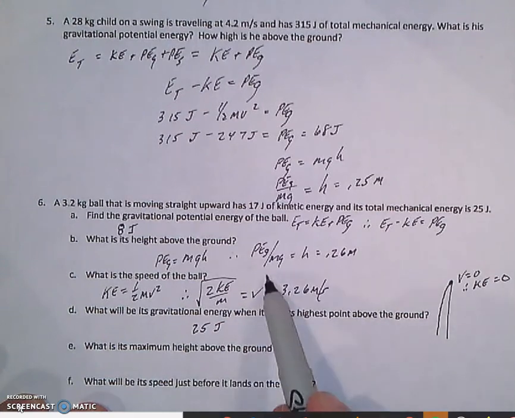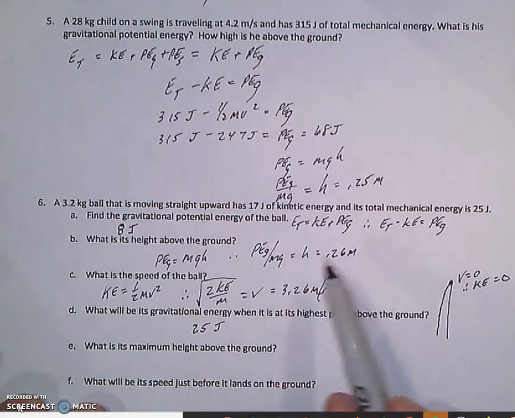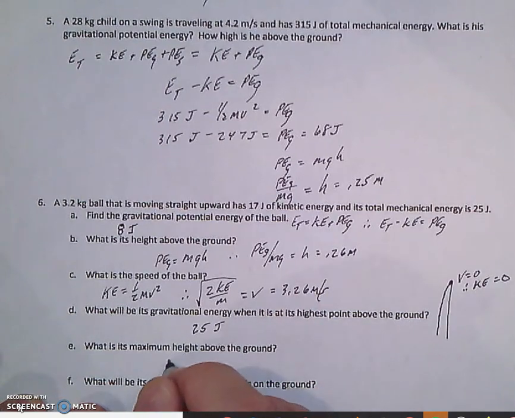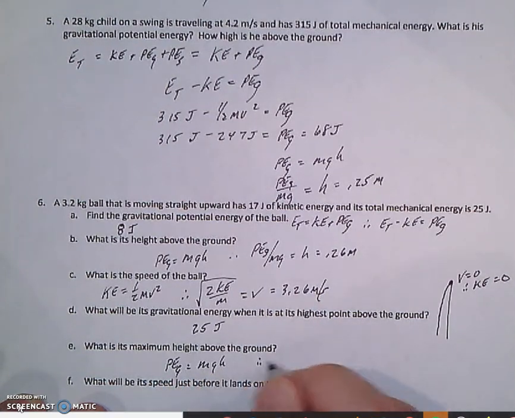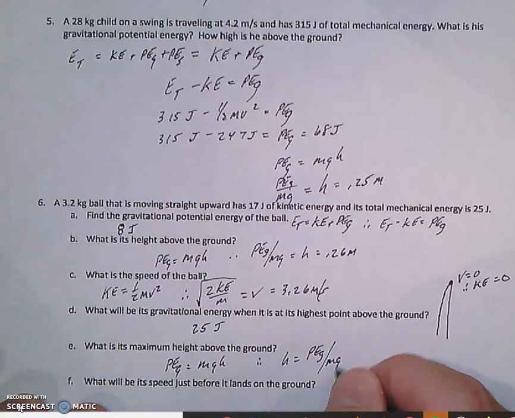So what height is that at? Well, that's the same setup as part B, just with a different gravitational potential energy. Up here, we used 8 as the gravitational potential energy. Down here, again, PE sub G equals mgh, but we're trying to solve for h. So h is gravitational potential energy divided by m times g.